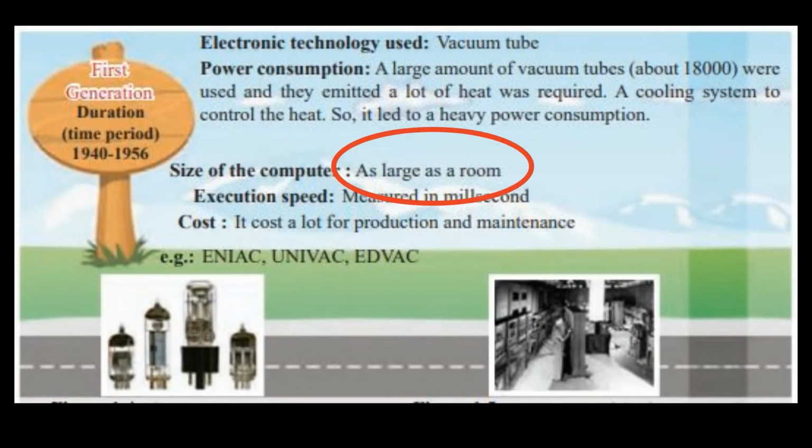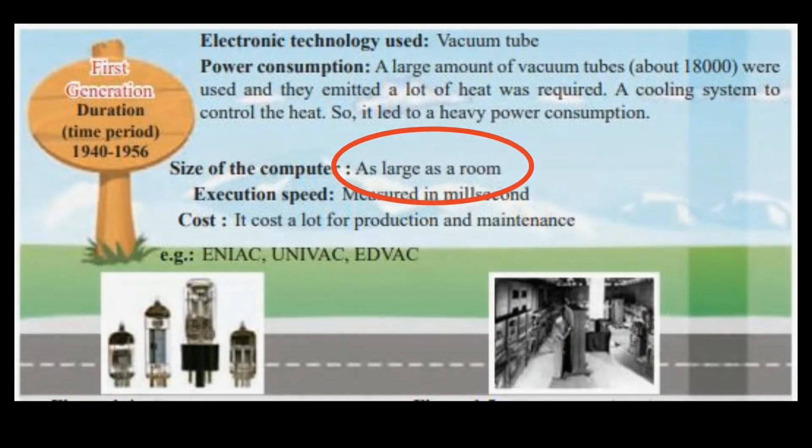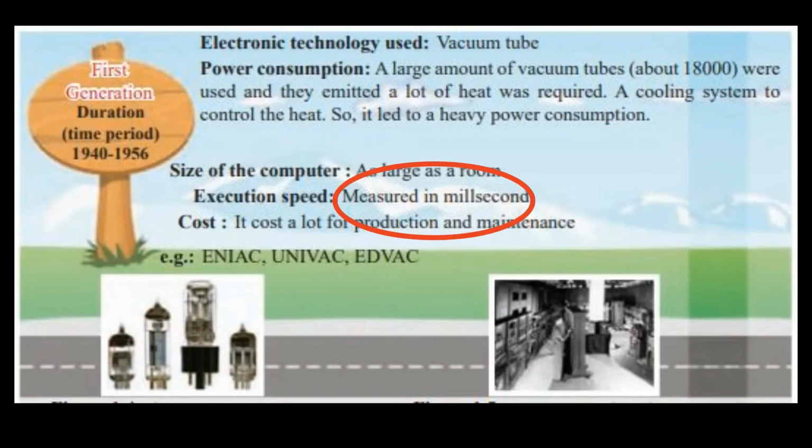The size of the computer in the first generation was as large as a room. The execution speed was measured in milliseconds.